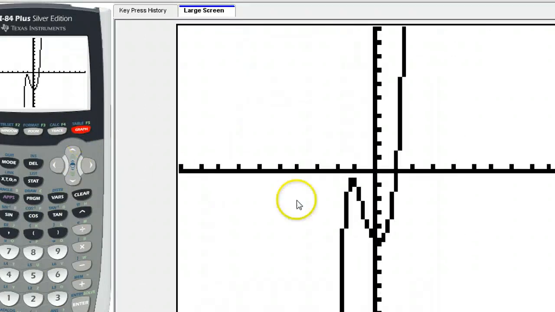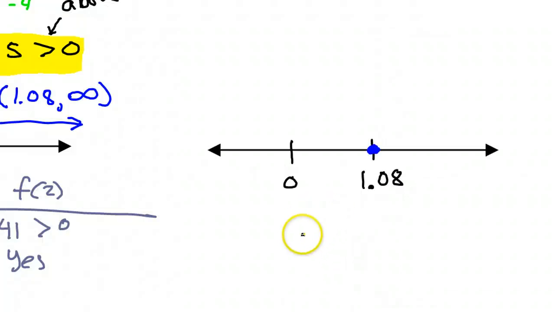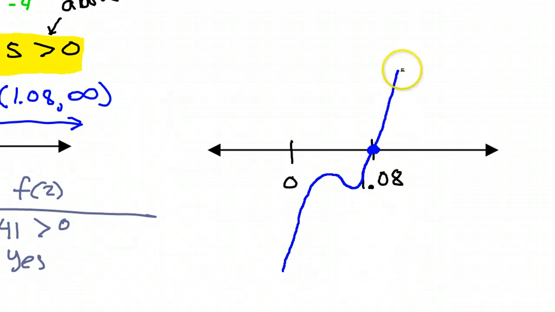So if you look at the graph, you can see that it's doing its wave, but it's not quite reaching the x-axis, and then it's coming up through the 0 right there. So we can just sketch that as well right now. Okay, so we can do this wave thing. It's doing the wave, and then it's coming up through here like that. And of course it's going off to infinity and beyond.